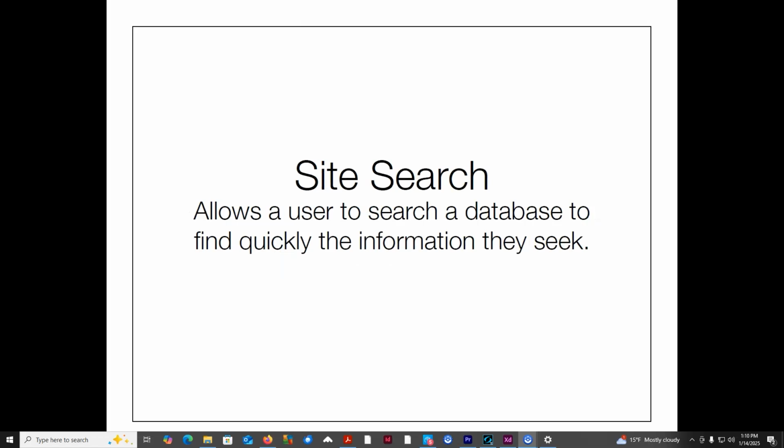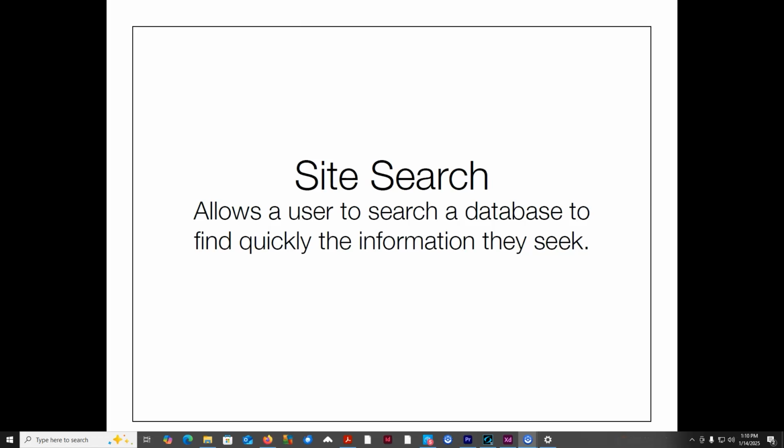A lot of sites out there that are really good in usability will often have a site search. Now, if your page only has 5 pages, site search is not really necessary. But if you have a full-blown shopping cart type site like Amazon, you probably go to the search to search for the thing that you want. Imagine doing Amazon without a search bar.